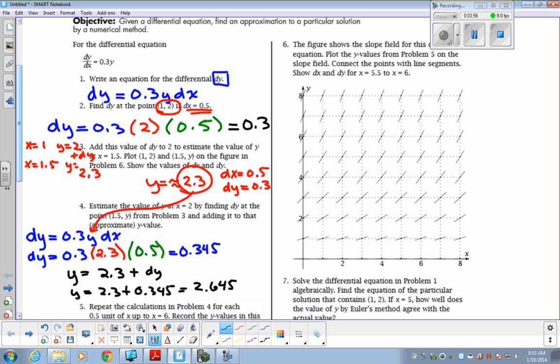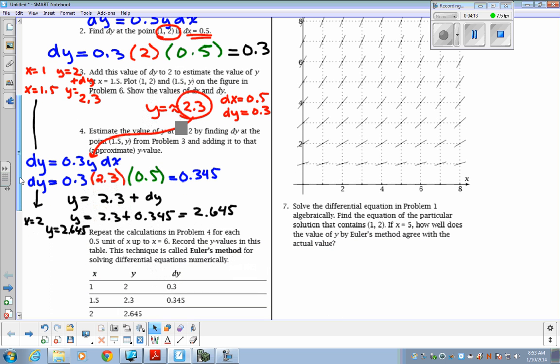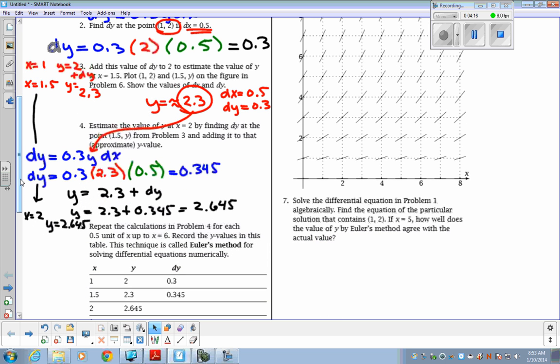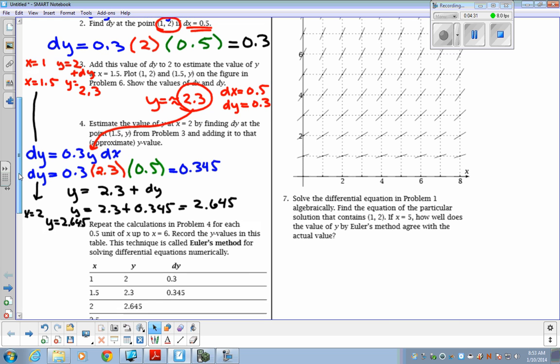So what that means is, when following with my chart up above, when x is 2, my y approximation is 2.645. So what Euler's method is doing is it's giving you, we have a starting point, which in our case was (1, 2). We have a change in x that we're going to use, and by using our differential dy, it's telling us what our new change in y is every single time, and it's giving us a new estimate for the next y value based on our dx.